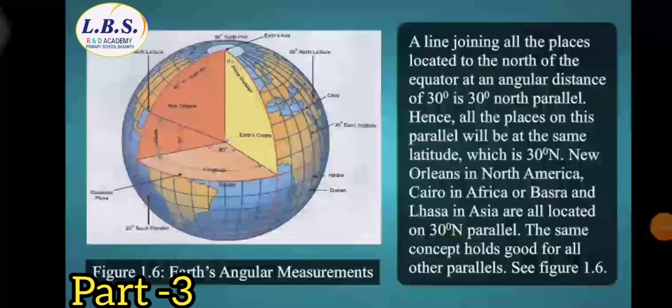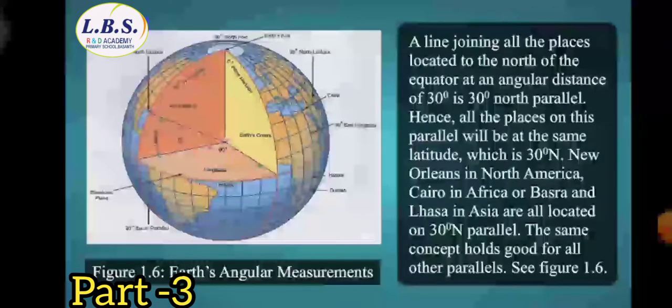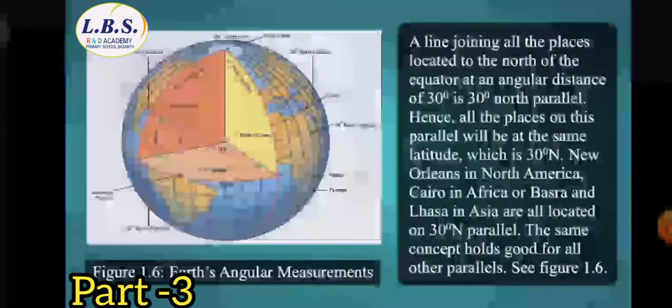New Orleans in North America, Cairo in Africa, or Basra and Lhasa in Asia are all located on the 30 degrees north parallel. The same concept holds good for all other parallels.